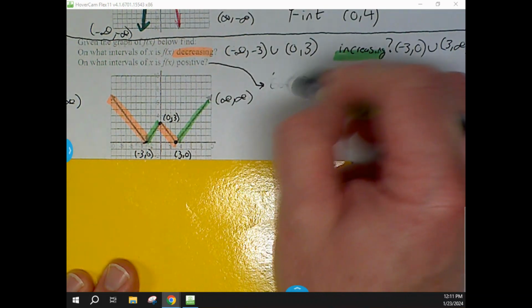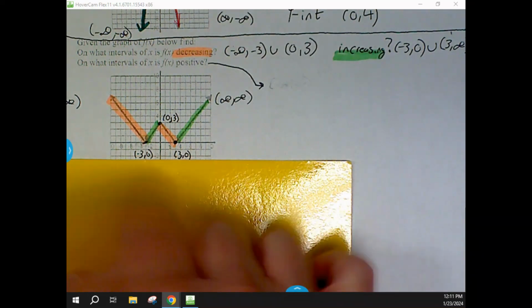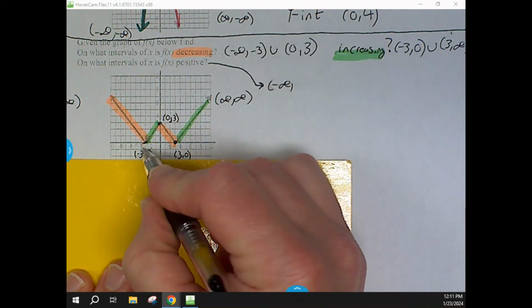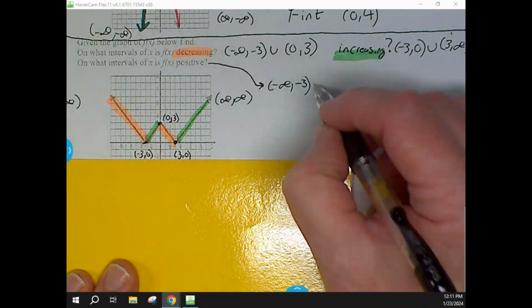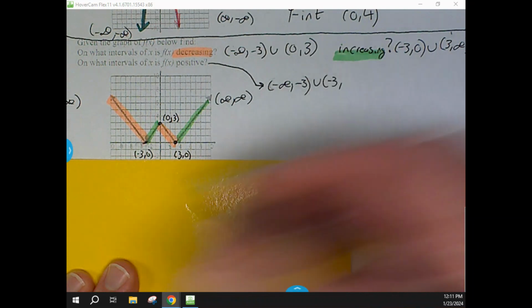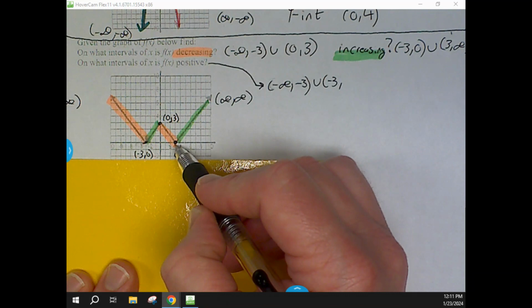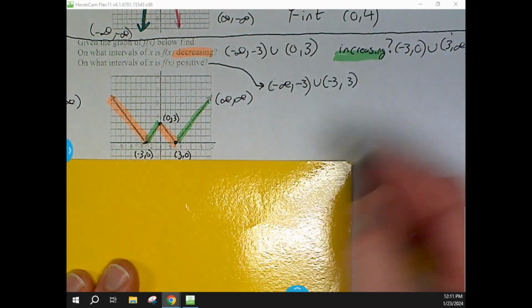So here's what the correct answer is going to be. Basically, it's everything except for those 2 points. So it's going to be negative infinity to -3. We're going to skip over the -3. And to here, we're good. Down to here, we're good. So we've got to skip over that number at 3, because those 2 points are out.